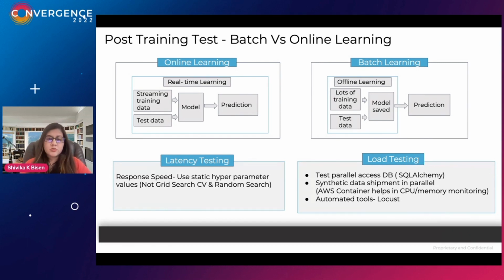This can be tested using synthetic data shipments. You can create synthetic data shipments, give them parallelly as input to the model, and see whether it's able to handle that. Another way to automate such load testing is using tools like Locust. So that's mostly what post-training testing looks like.